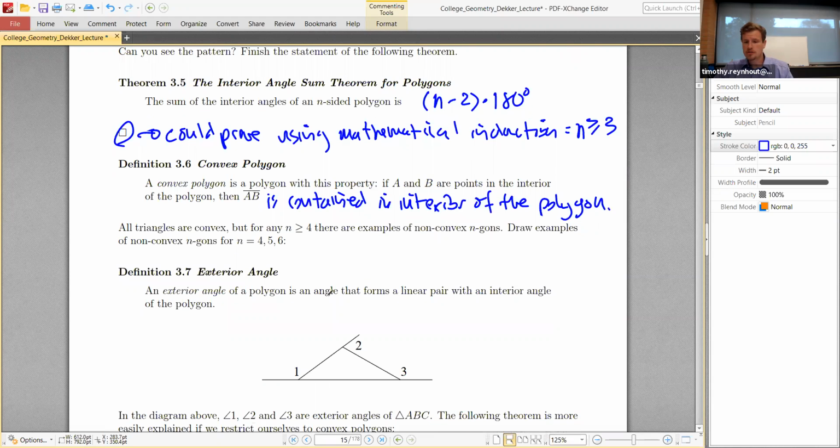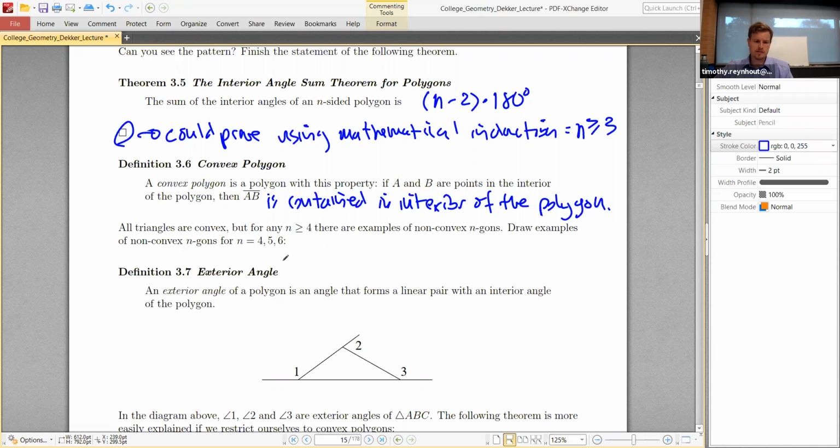Excellent. So all triangles are convex, but any polygon with more than 3 sides, so 4 or more sides, does have examples that are not convex.